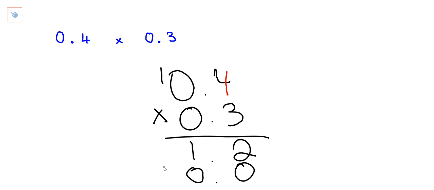But the thing is that this is the units, but it's still like 0 point. So wouldn't you move it? Well, that's moving the decimal point again. I'm trying to avoid it.